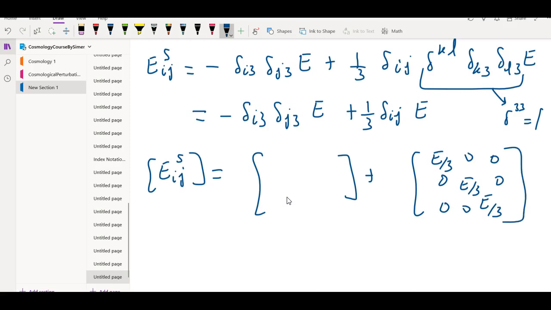And this part is going to give me only when i is 3 and j is equal to 3, I will get E.